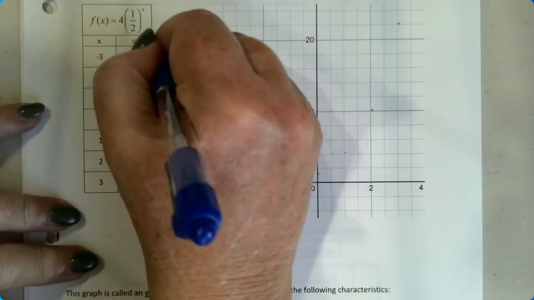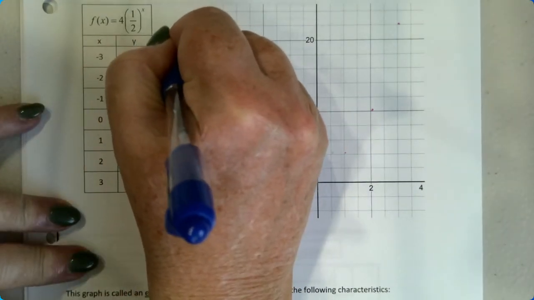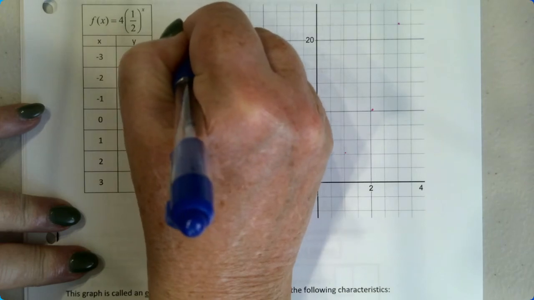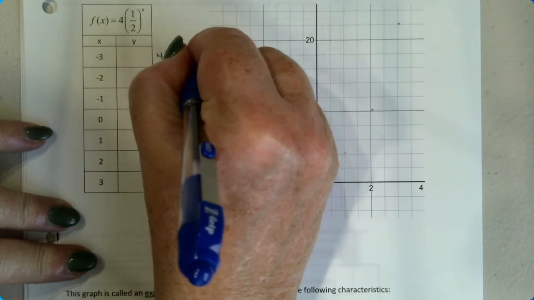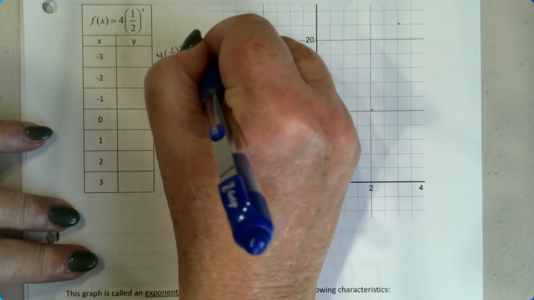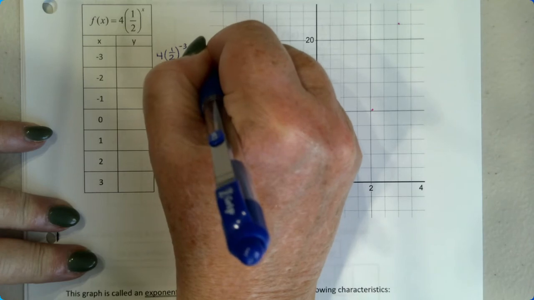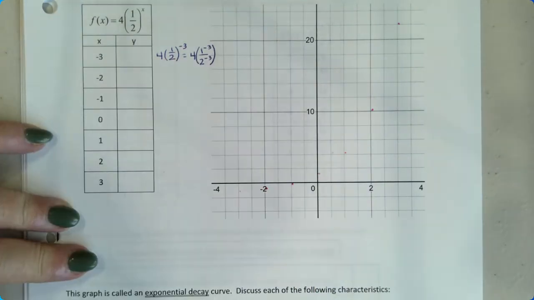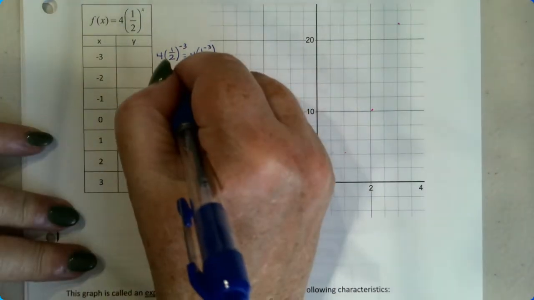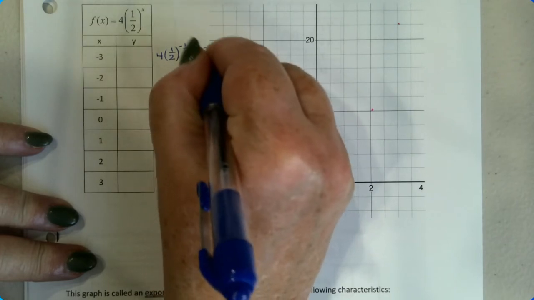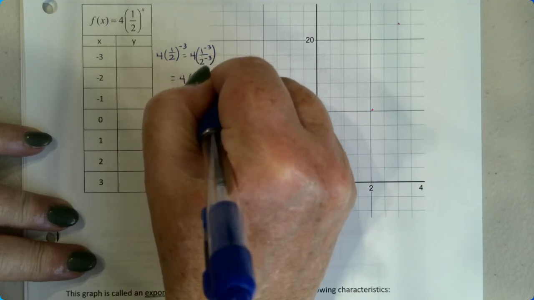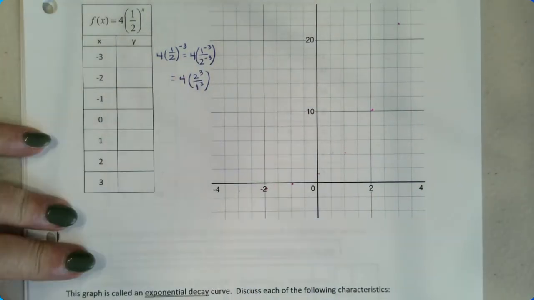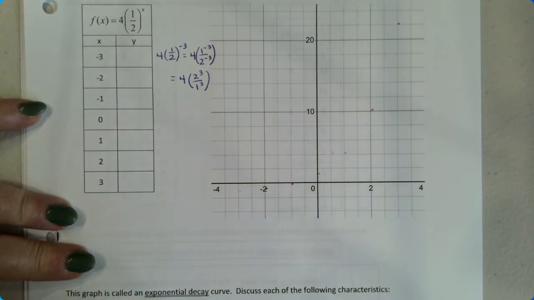I'll plug in -3 for the x. That would be 4 times 1 to the -3rd over 2 to the -3rd. I'm going to flip those to make the exponents positive. So that's really 4 times 8 divided by 1, and 4 times 8 is 32.